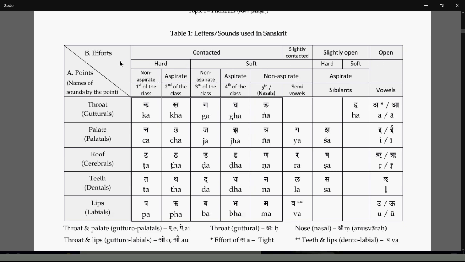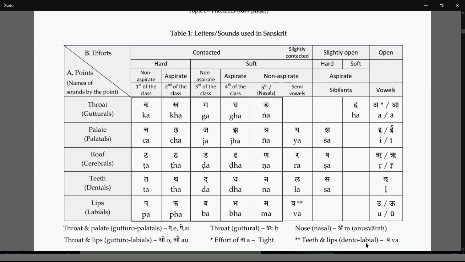Contacted means the varga letters, all the ka varga, cha varga, ta varga, ta varga and pa varga letters, where the tongue touches the sthana. In ka varga the tongue is already touching the throat, so there is a contact you cannot remove. Similarly, when you pronounce the cha varga, there is a contact of the tongue at the palate.